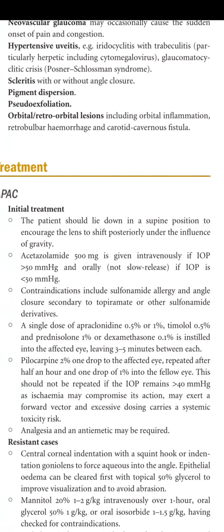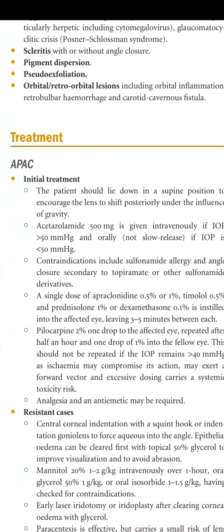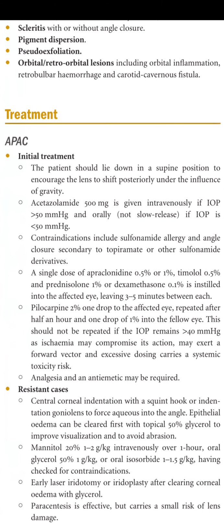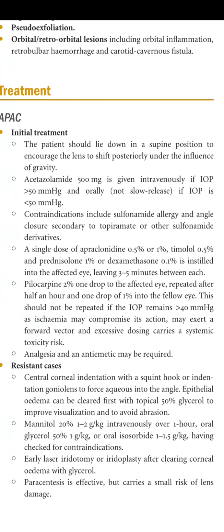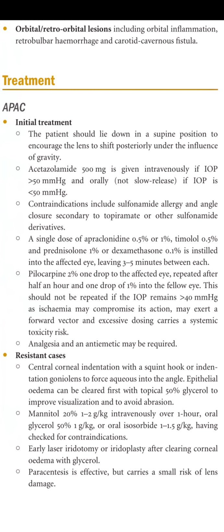So how will you treat a patient with angle closure glaucoma? If a patient presents to you with acute primary angle closure, how will you treat it? Initial treatment: the patient should lie down in the supine position to encourage the lens to shift posteriorly under the influence of gravity. Acetazolamide 500 milligram is given intravenously if the IOP is greater than 50 millimeter mercury, and orally if IOP is less than 50.